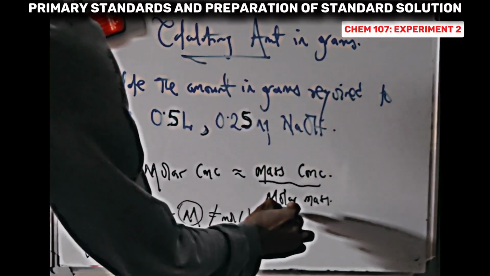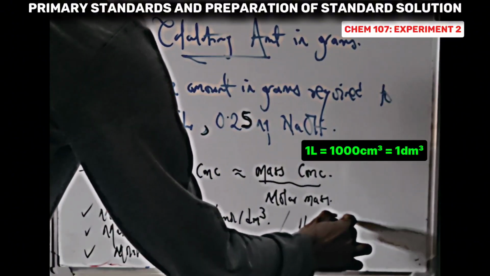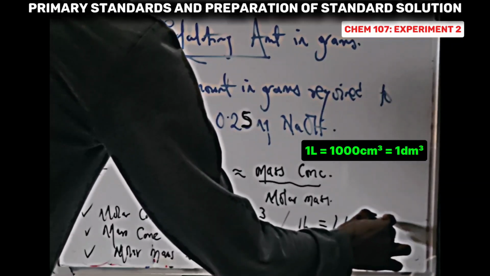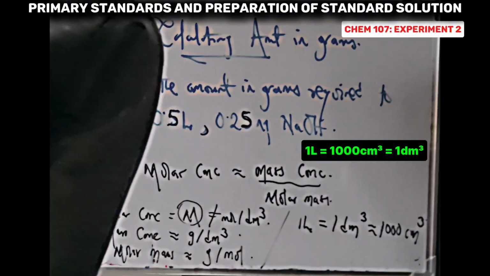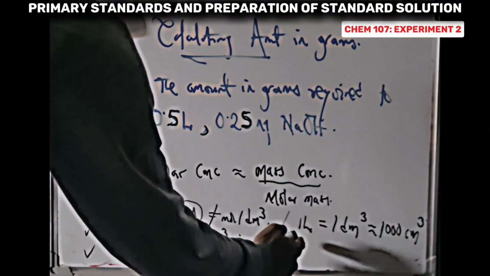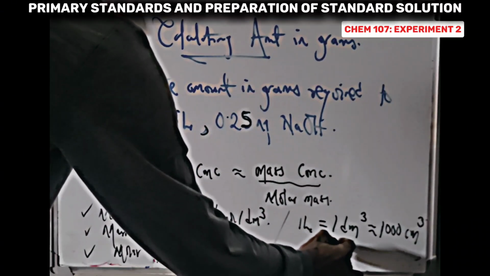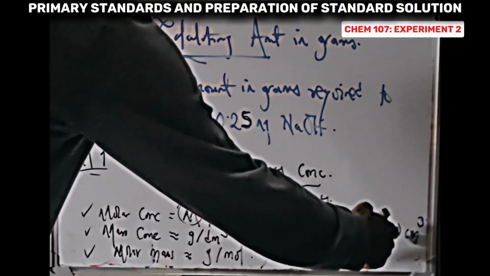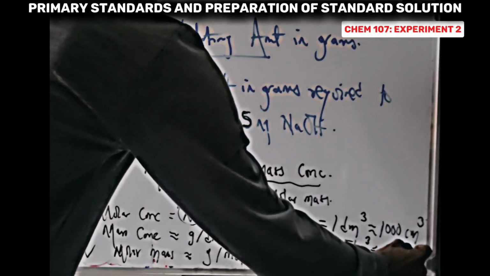Now another insight I need to give you is that 1 liter is equivalent to 1 dm cube, and 1 dm cube is equivalent to 1000 cm cube. So this 0.5 liter is half of 1, which would be 0.5 dm cube, and half of 1000 means this is 500 cm cube.